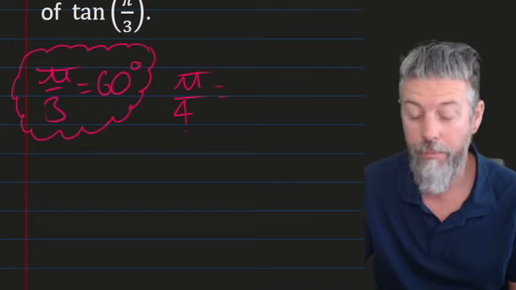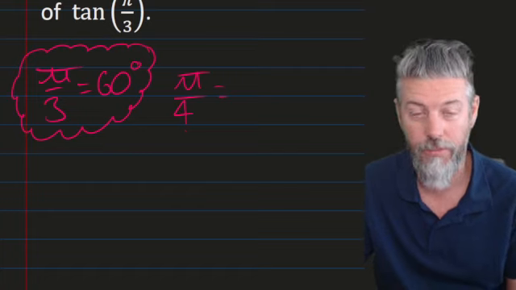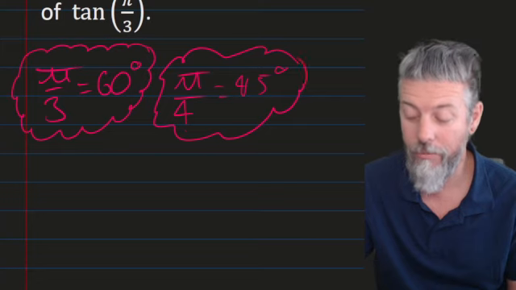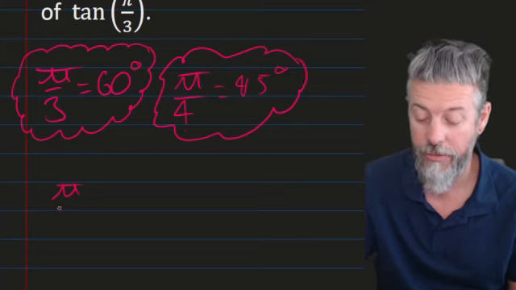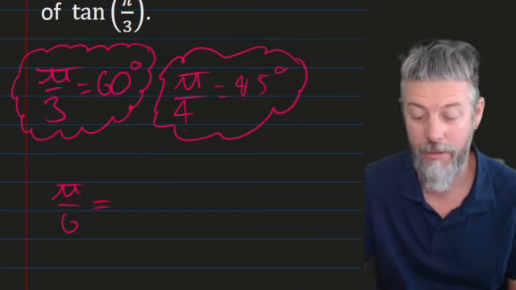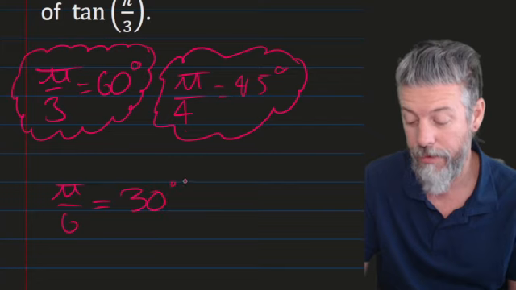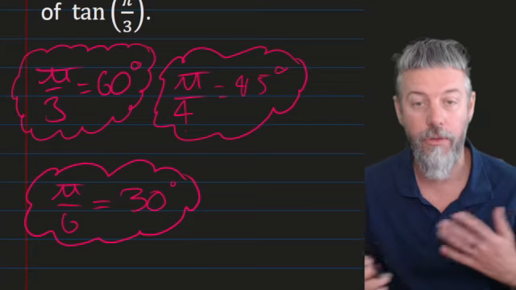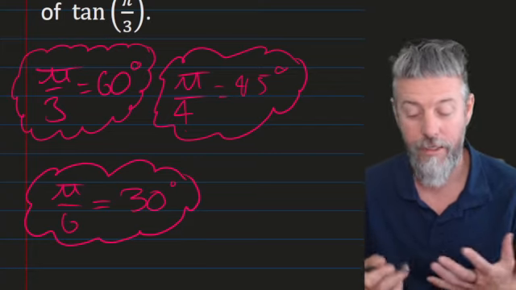Well, in this one, pi, half of the circle is going to get chopped in 4 parts. So that's going to get us 45 degrees. And then there's one more that we generally use, which is pi on 6. And if we took half a circle and chopped it into 6 parts, we would end up with 30 degrees.